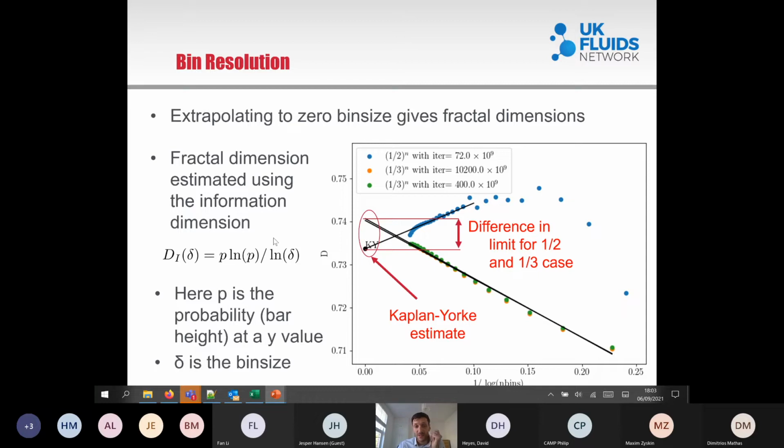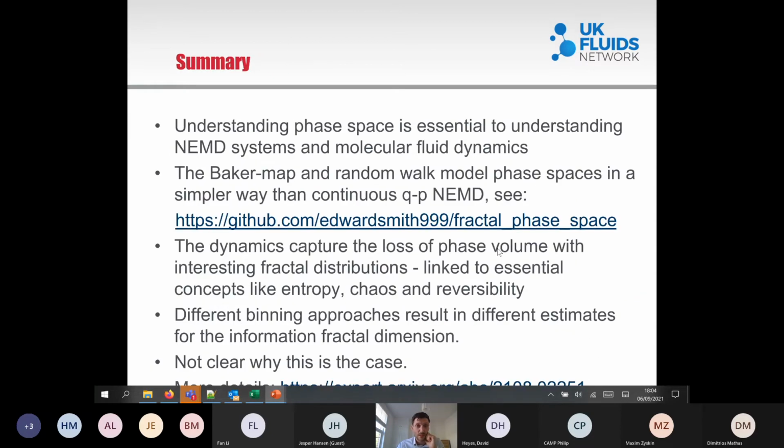Now, we're using what's called the information dimension, which is essentially like Shannon entropy, P log P of each of those bars, and dividing that by the log of the bin size. So what you see for powers of 2 is it agrees with the Kaplan-Yorke and tends to a kind of predictable value. But for powers of 3, you get something different. And so this difference between the two is really the thing that the Snook Prize aims to understand.